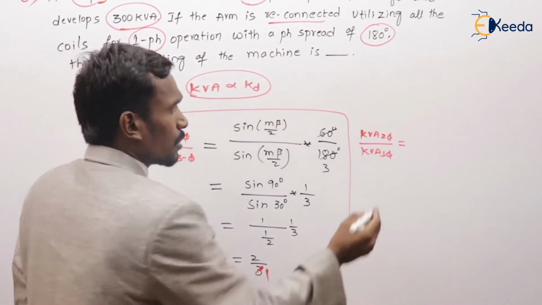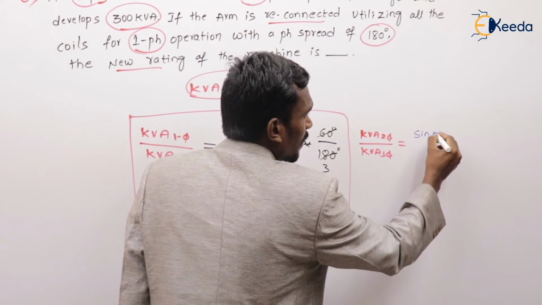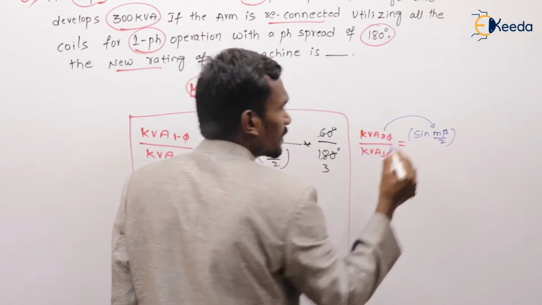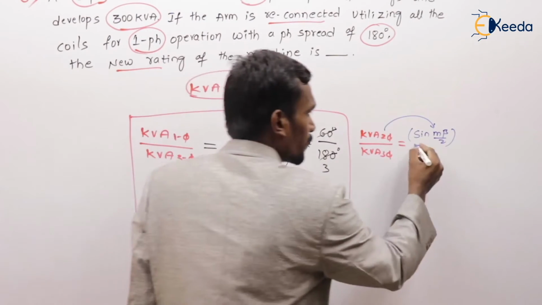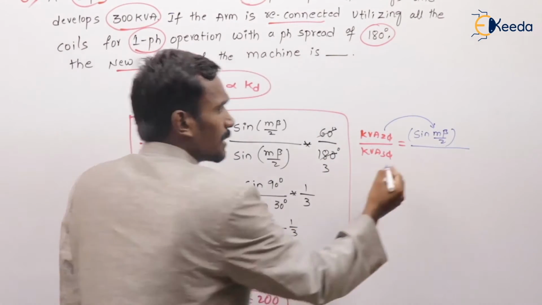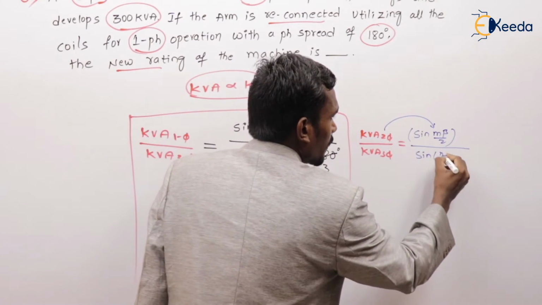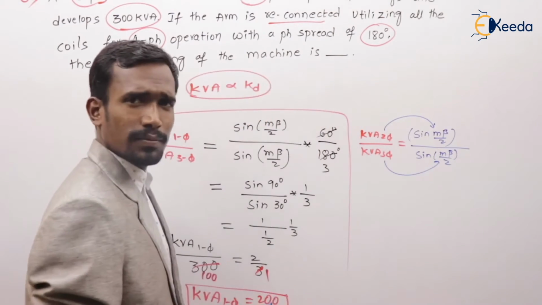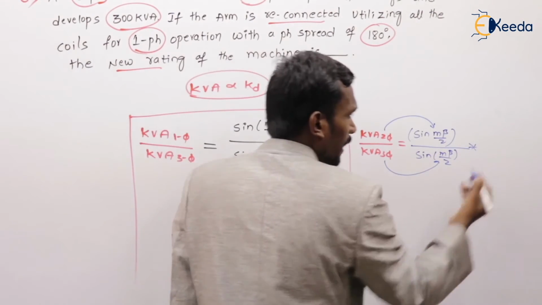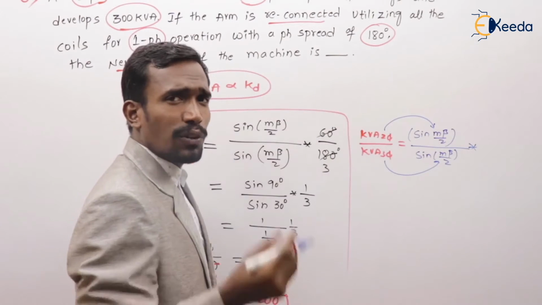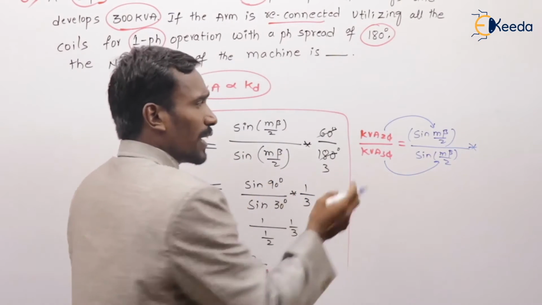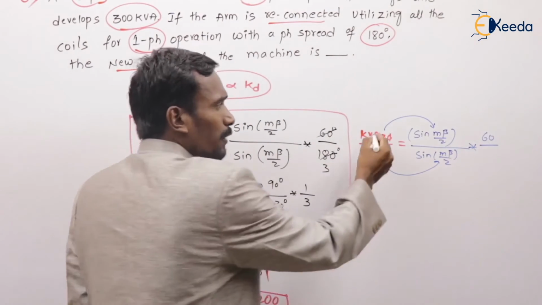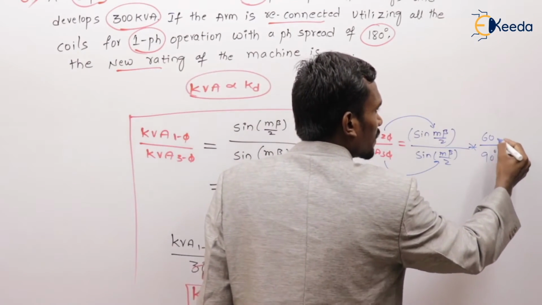So first, sine m beta by 2 for two phase divided by sine m beta by 2 for three phase, multiplied by... For three phase, what is m beta actually? For three phase, m beta is 60 degrees, and for two phase, m beta is 90 degrees.